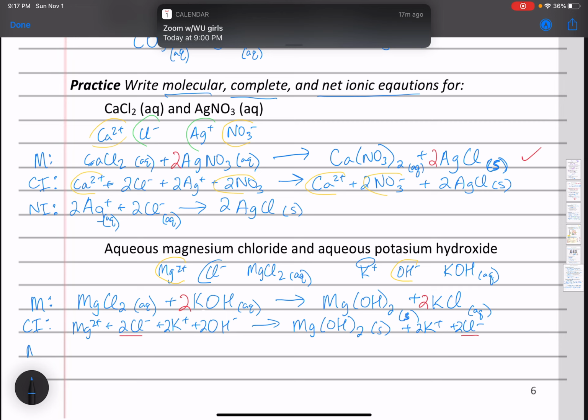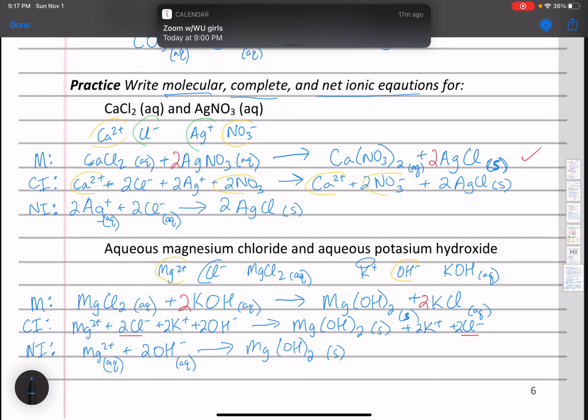All right, and then lastly, the net ionic equation is going to just be the magnesium and those hydroxide ions reacting to form magnesium hydroxide, that being our solid precipitate, each of these ions being aqueous in solution.